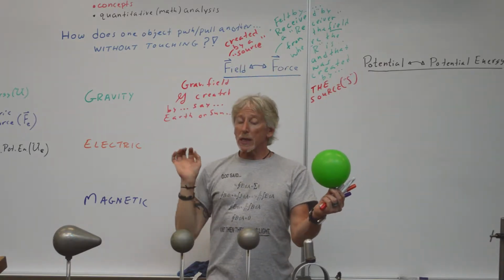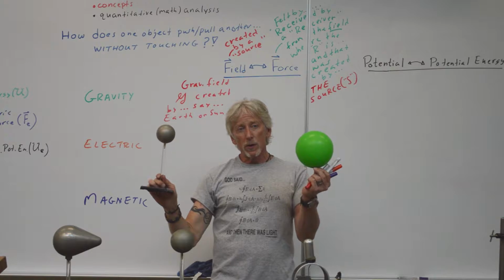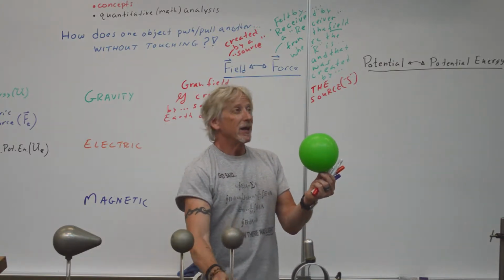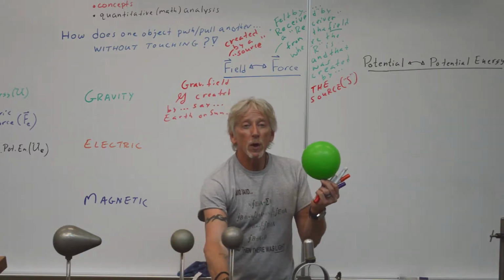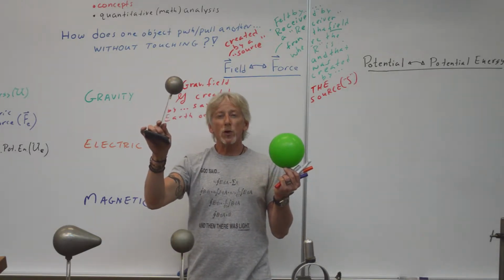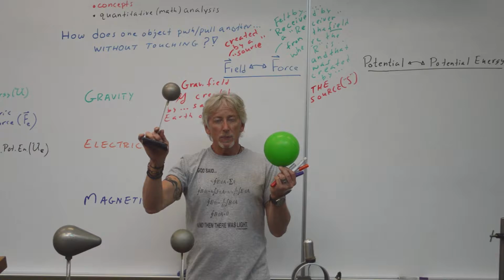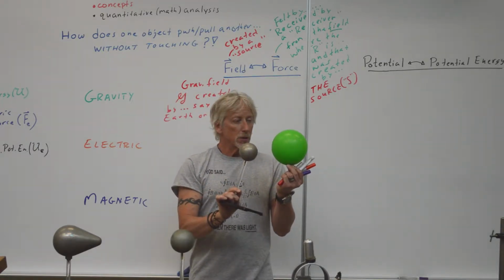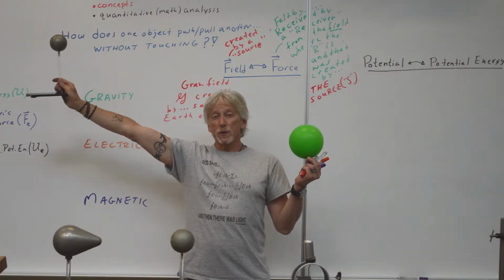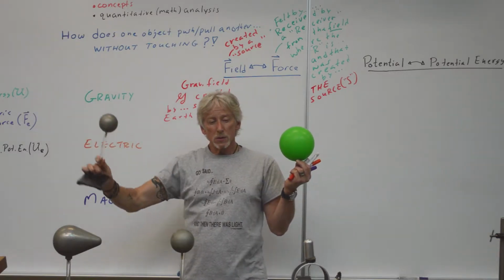There's no force unless you put something there. So we're going to calculate the field so that we know when we put something there what the force will be. The stronger the field, the stronger the force. The weaker the field, the weaker the force.